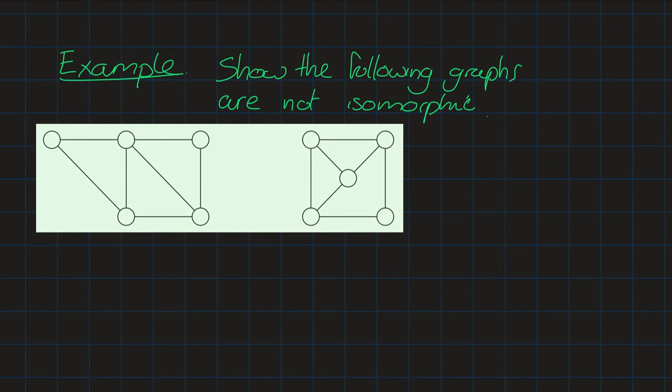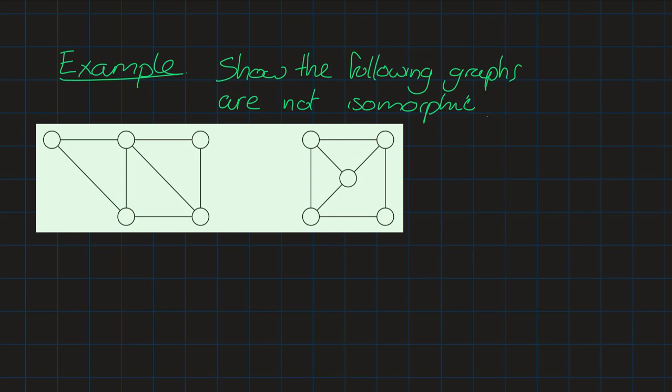So this example just says, show that the following graphs are not isomorphic. Okay? You could spend a lot of time trying to find an isomorphism between these. It's not obvious that they are or are not isomorphic. So I think the best thing to do is to check all the simple criteria. Do they have the same number of vertices?